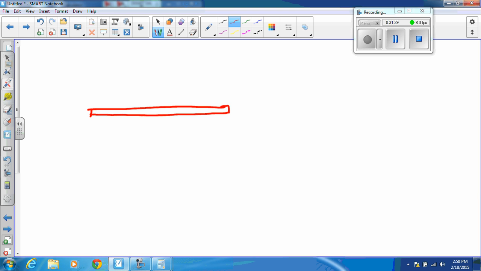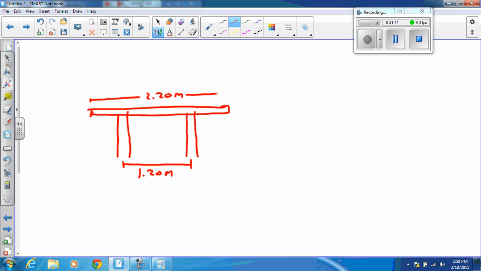And it has 2 legs, and the 2 legs are centered. They are 1.2 meters apart. And the table is 0.8 meters high.